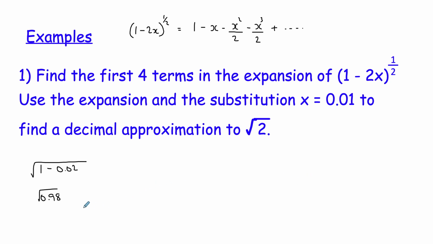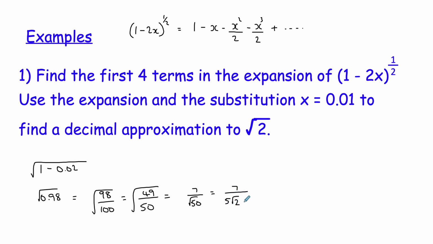So this is going to turn into a root 2 if I write this as a fraction. I'm going to write it as 98 over 100, which cancels down to 49 over 50, which is the same as 7 over root 50, which is the same as 7 over 5 root 2.